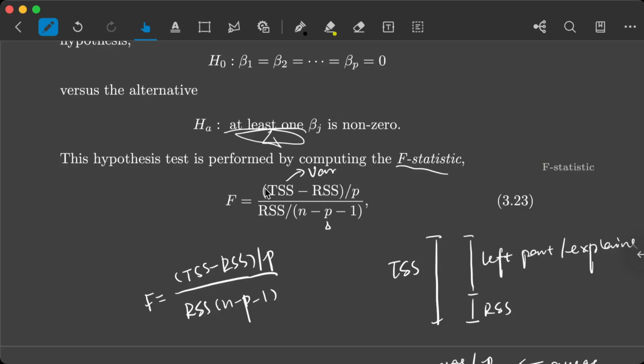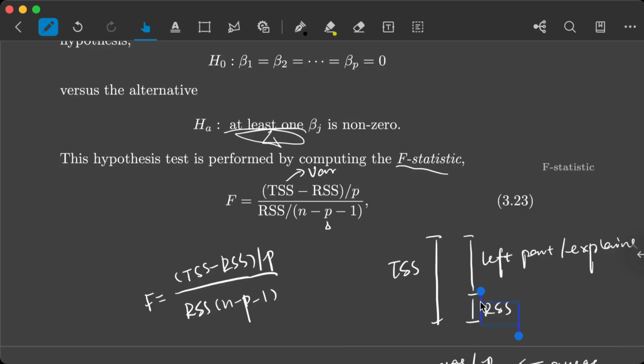It can be 100, it can be a very small number, depending on the scale of the data. So we need a value to normalize it. That's why we have the denominator, which is the RSS.